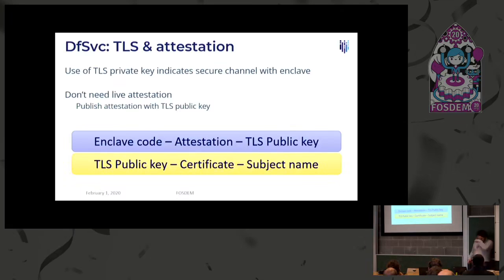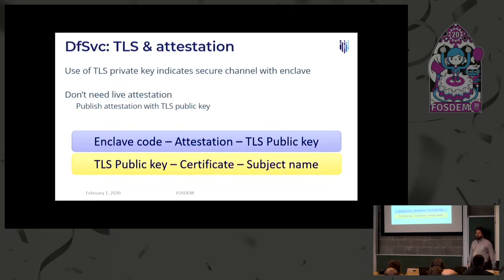So you can use this in your trust model. When you say, I'm going to a particular web service like mywebmail.com, I know that mywebmail.com is actually running a particular piece of software. Through the certificate and then through the attestation, you know exactly the server-side software that's running on mywebmail.com.